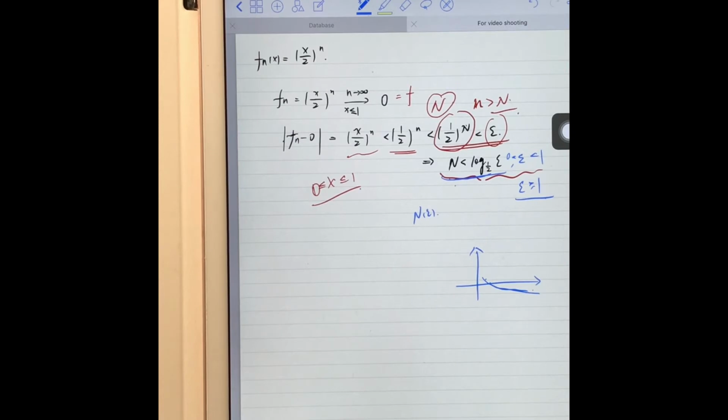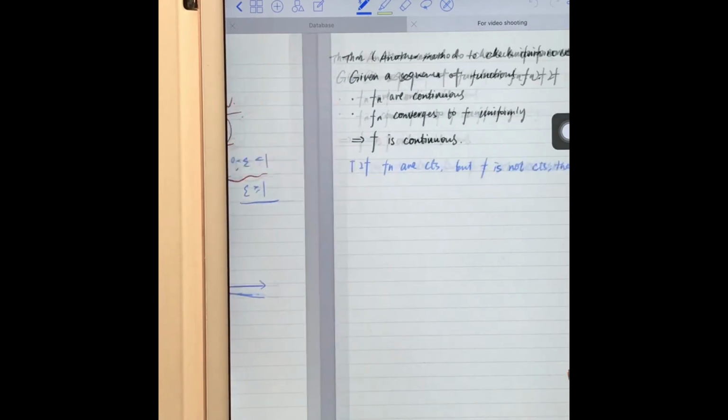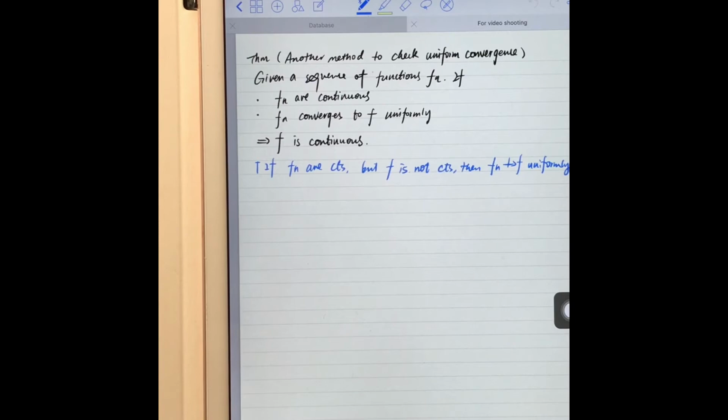So these are two examples, and the theorem I mentioned, which is also another method to check uniform convergence, is that if we are given a sequence of functions fn, and we know fn converges to some function, we want to know what kind of characteristics that function has, what kind of function the sequence of functions is converging to.